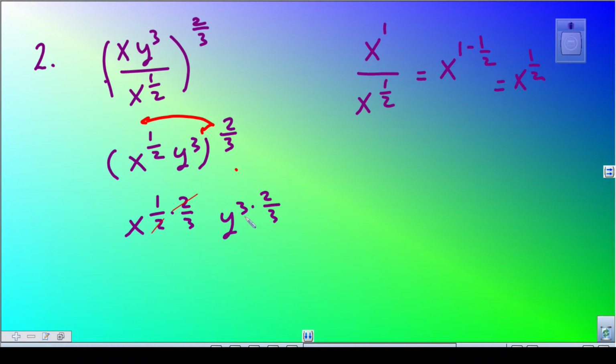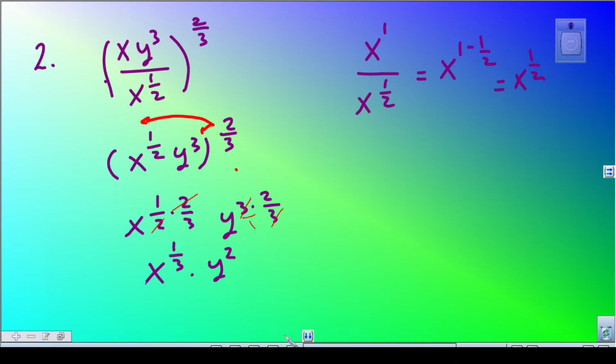How about this dude here? You could make this guy a fraction and chop again. So basically what I end up with here is x to 1/3 times y raised to what power? Y to the second power.